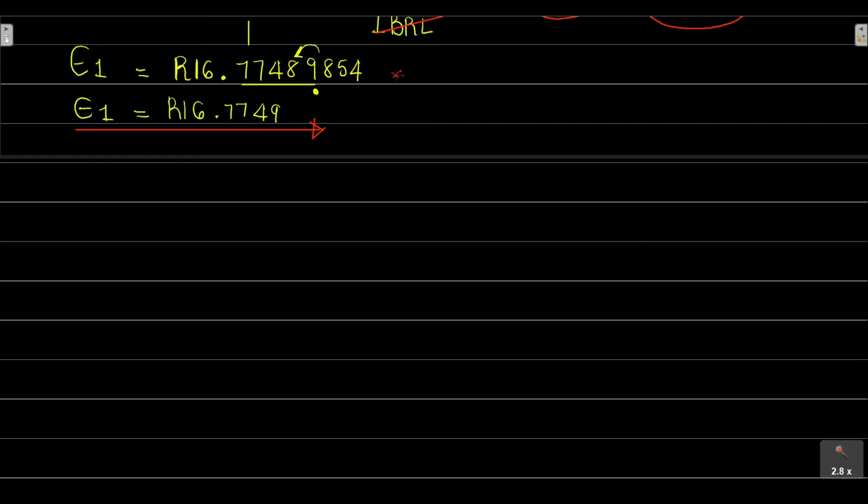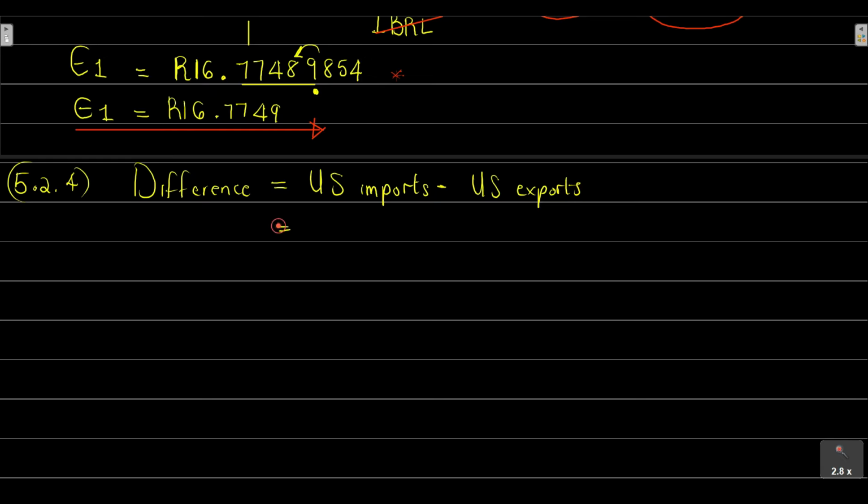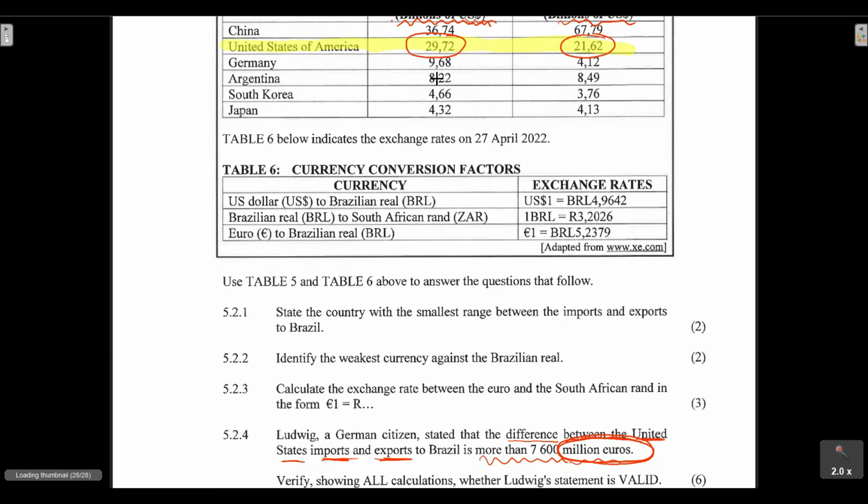This is question 5.2.4. I'm gonna write it down. What is the difference in the US imports minus US exports, right? And we saw that, what are the US imports?